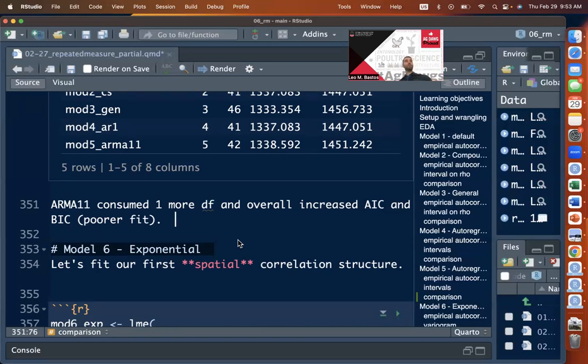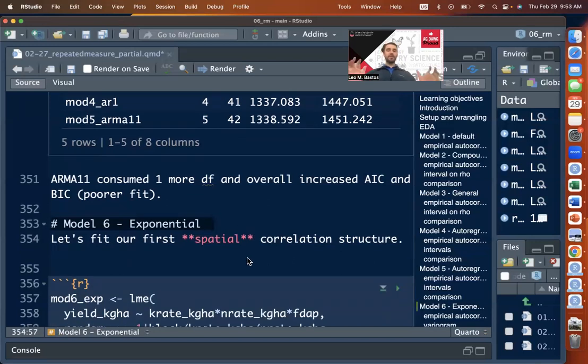You just take it wherever, and the model allows for that difference in intervals, in space in that example. In our case, we're still on the time side of things, and the intervals are equal, but if they were not, we would also be able to use all the spatial correlation structures.